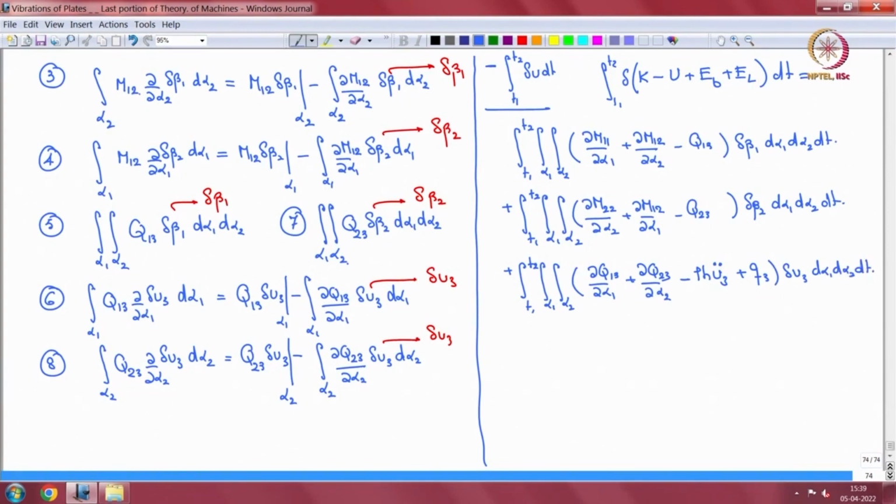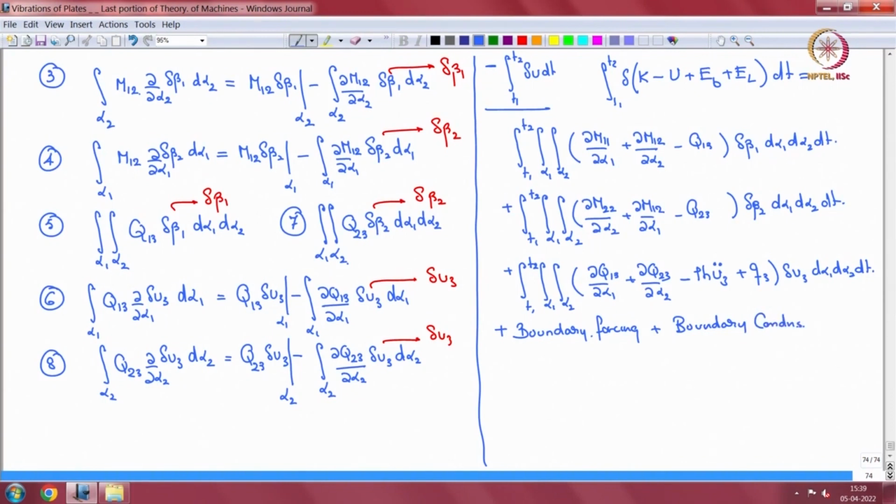Okay. So plus boundary terms. Boundary forcing terms and boundary conditions. I am keeping them out for the moment.